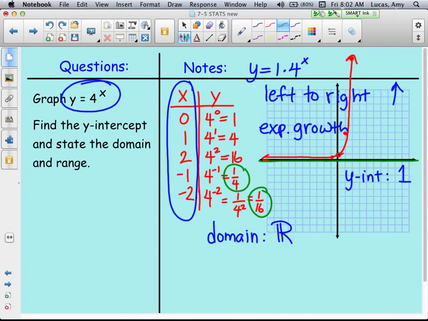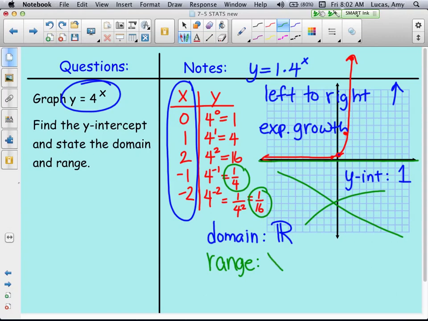Now in the y direction, for the range, there are no points here in the third or fourth quadrant. My red graph, exponential growth, never hits the x-axis.